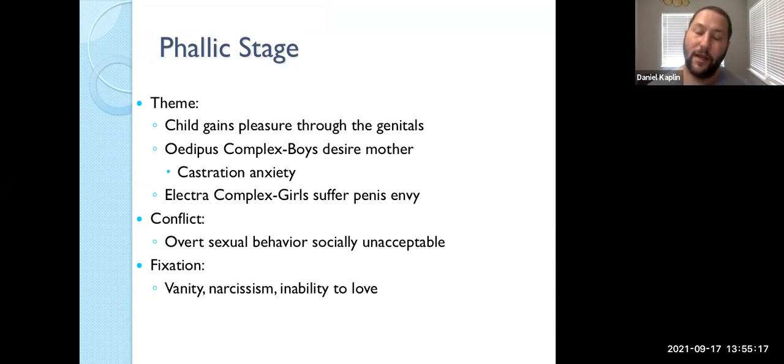So instead of going after their mother, they copy their father's behavior, which we call identification, and that results in them getting someone like their mother. That's the theory. And females are the flip side with the Electra complex, where they tend to behave like their mothers, get someone like their father.